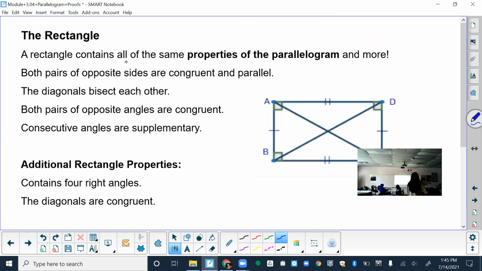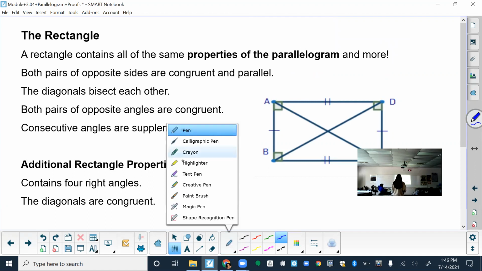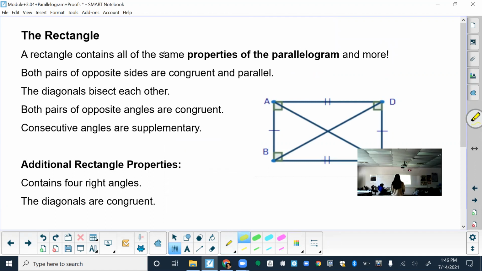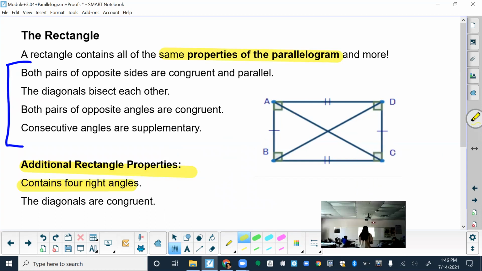So we have rectangles, which have all the same properties as a parallelogram, the same properties as the first page, that were listed right here. Those are all from the page before. But then we have the additional rectangle properties, which are that they have 4 right angles and the diagonals are congruent.